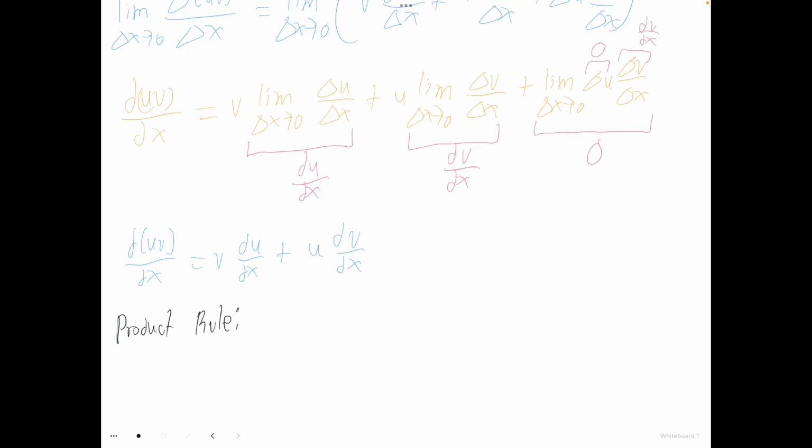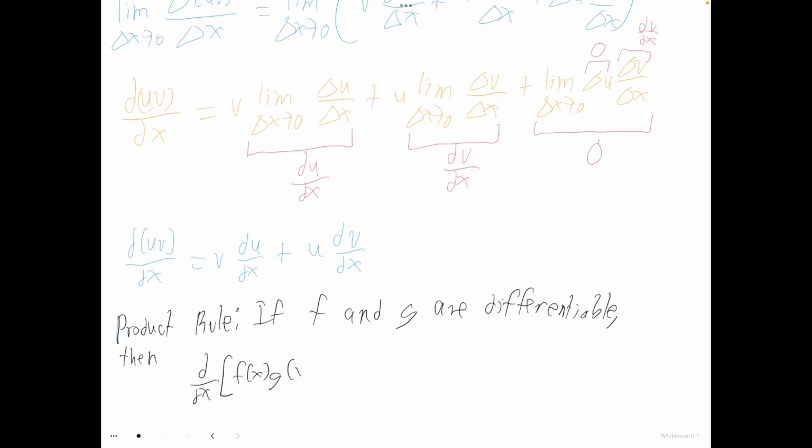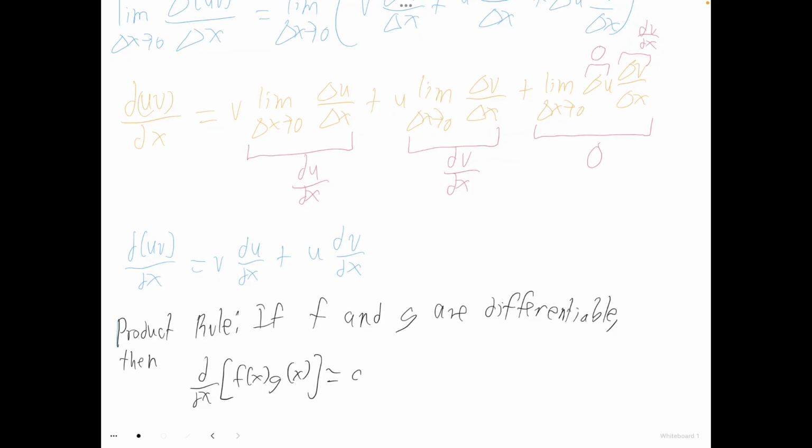So what we just found is that if f and g are differentiable, they have to be differentiable to make sure those limits actually exist that we just did, then we have that the derivative with respect to x of u times v, but u was f of x and v was g of x, is equal to v, which is g of x, times the derivative of u, which is f prime of x, plus u, which is f of x, times dv over dx, the derivative of v, which was g prime of x.